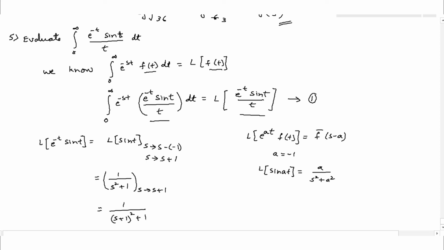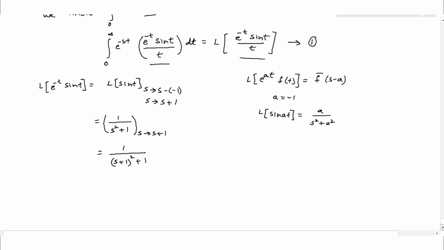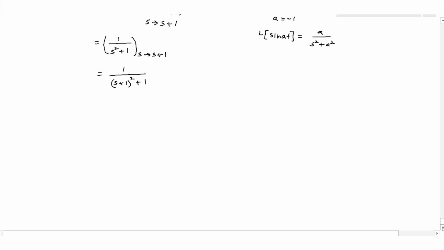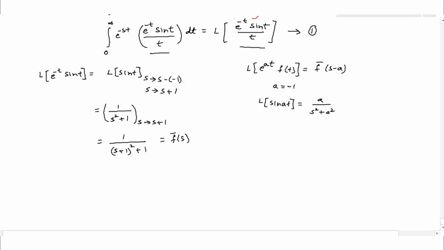S is being shifted to s plus 1, so s plus 1 whole square plus 1. Replacing the value of s by s plus 1, we get s plus 1 whole square plus 1. That is nothing but f bar of s. So you have just evaluated the Laplace transform of e to the power minus t sin t.